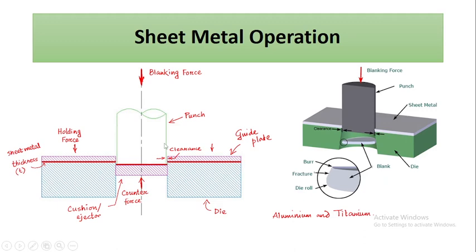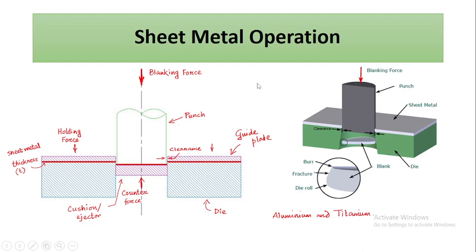And this one is the die. So you can see there is a clearance provided between the punch and the die. Whether the clearance will be provided on the punch or on the die will depend on whether it is a punching operation or a blanking operation.